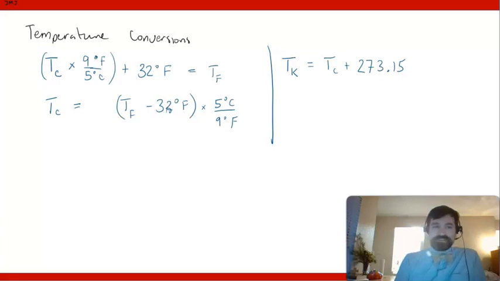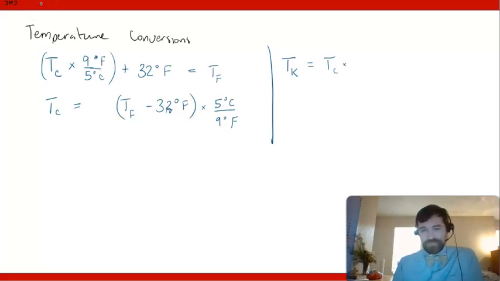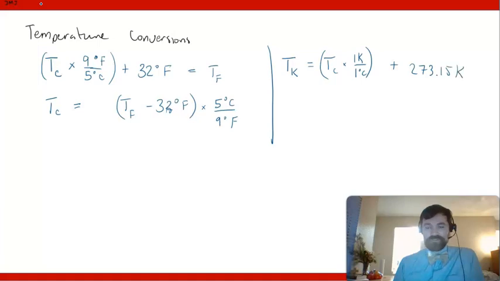If you'd like to have a conversion factor attached to this, you could multiply by 1 Kelvin per 1 degree C, and then add to the whole thing your 273.15 Kelvin.